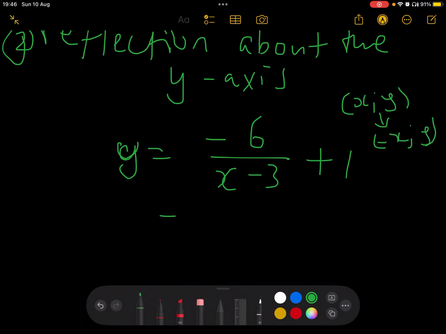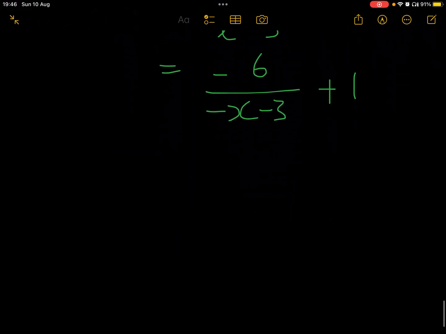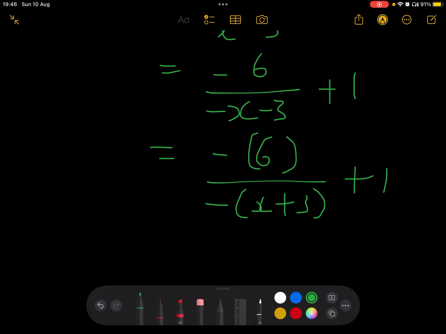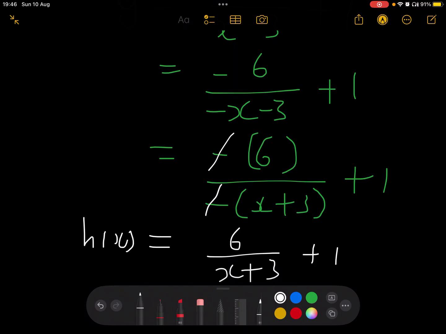So where you see x, now you put negative x. So negative 6 over negative x minus 3, plus 1 then becomes, now you can factor out negative 6 all over negative x plus 3, plus 1, and then these two we're going to divide each other and end up with 6 over x plus 3, plus 1. Therefore, that's our h of x that led to the transformation.